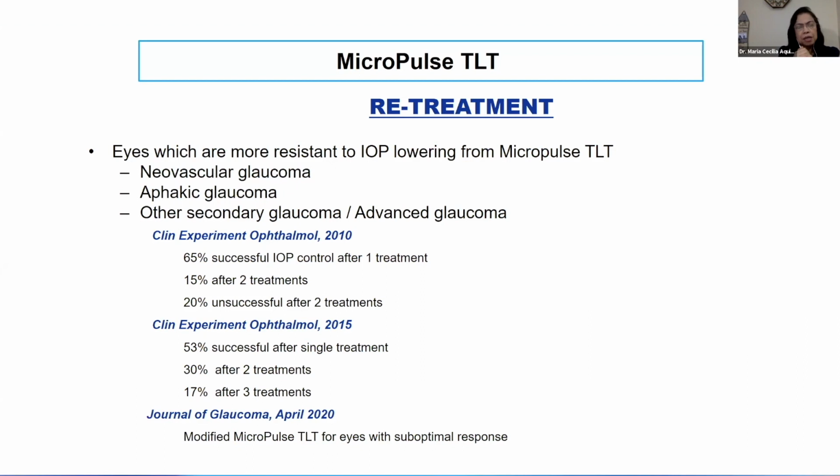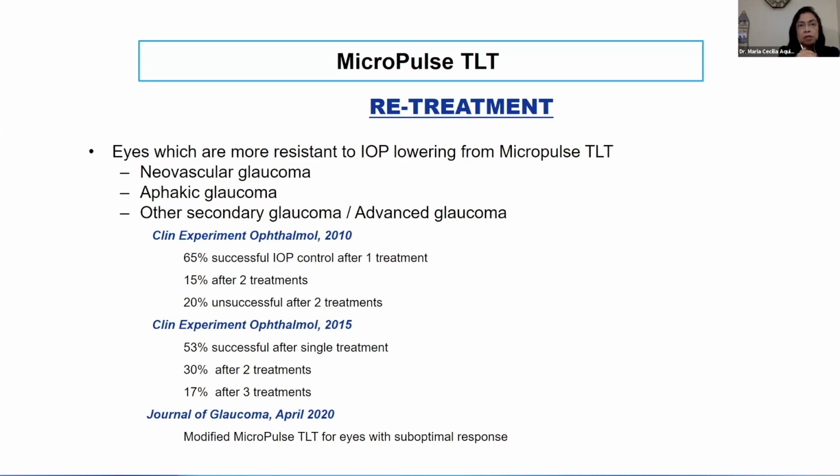We hypothesize that probably because these conditions have more of the scarring and the inflammatory debris, the uveoscleral outflow is waterproof from the effect of the laser.